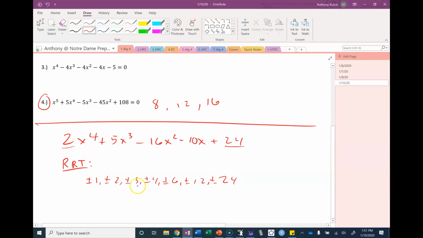If I divide each of these by 2, I get 1/2. If I divide 2 by 2, I get 1, which is already on my list. If I divide 3 by 2, I get 3/2. If I divide 4, 6, 12, or 24 by 2, I still get something on my list, so I'm not going to include those. So this should be your answer for number 2.